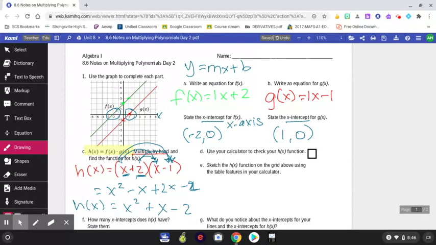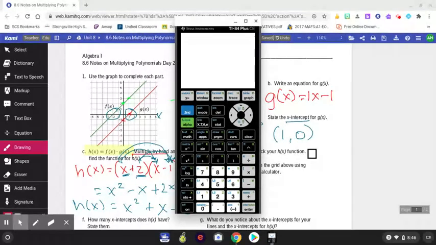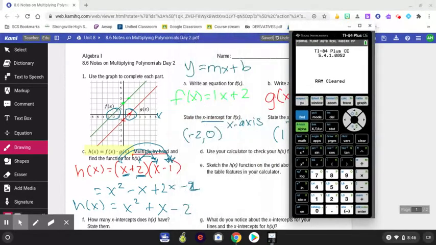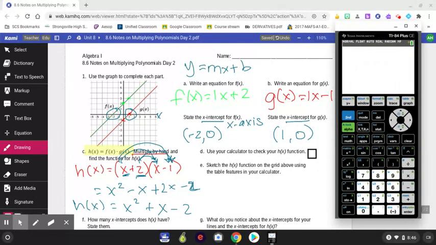D says use your calculator to check your h of x function, and that means that we are going to graph, okay? I'm going to go to my calculator, and you should grab your calculator as well. I am going to go to my y equals. Remember when we check in y1, we type in what the product was. So the product was x plus 2 in parentheses times x minus 1 in parentheses.